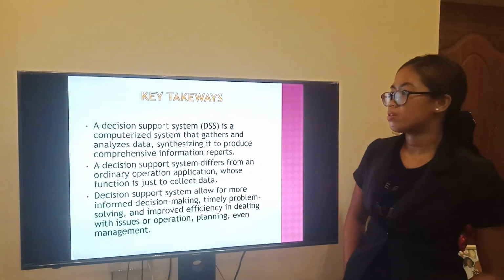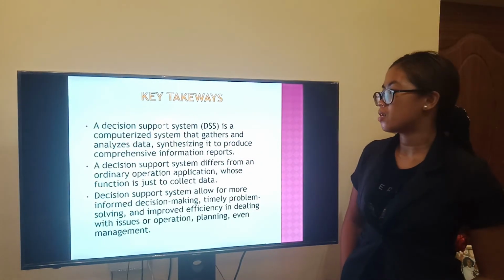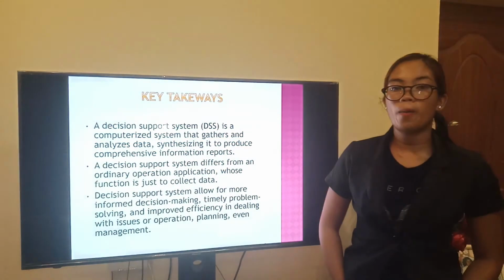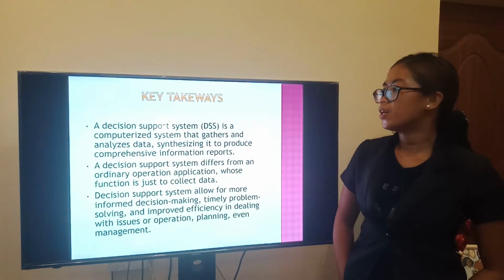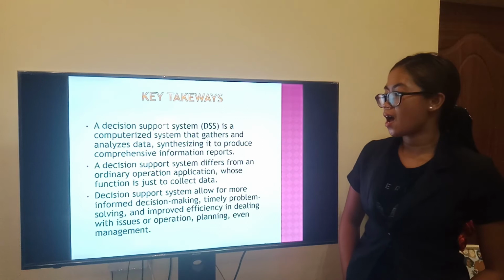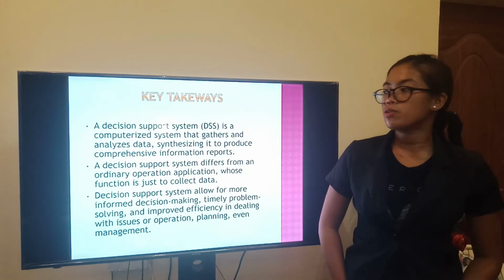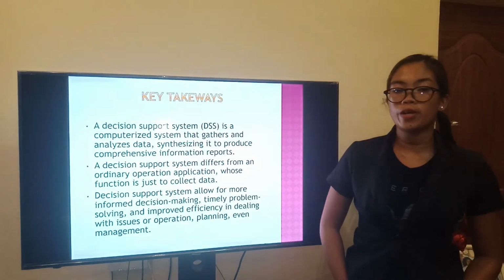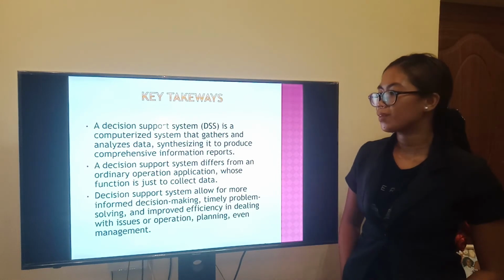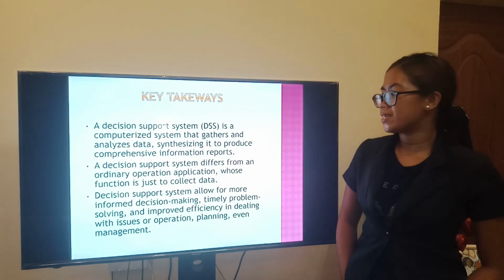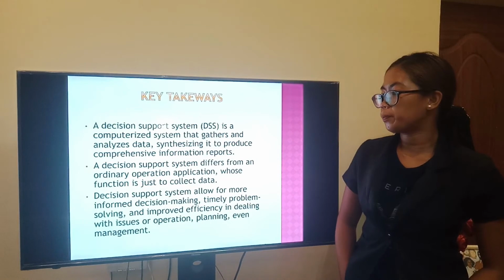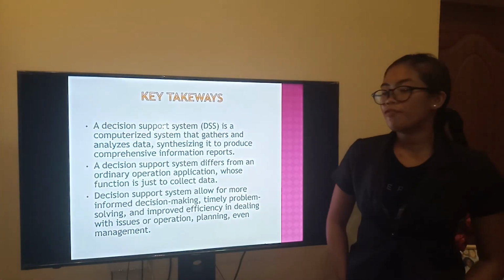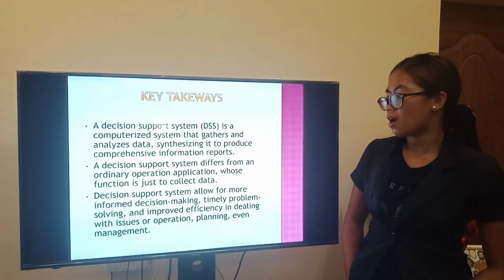Key takeaways. A decision support system, DSS, is a computerized system that gathers and analyzes data, synthesizing it to produce comprehensive information reports. A decision support system differs from an ordinary operation application whose function is just to collect data.